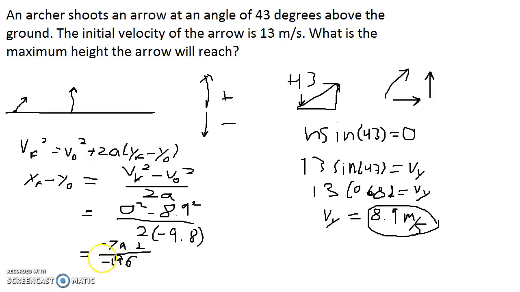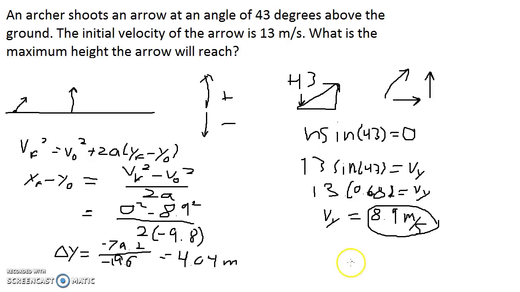Notice these negatives cancel at the end, so we're left with delta y being about 4.04 meters.